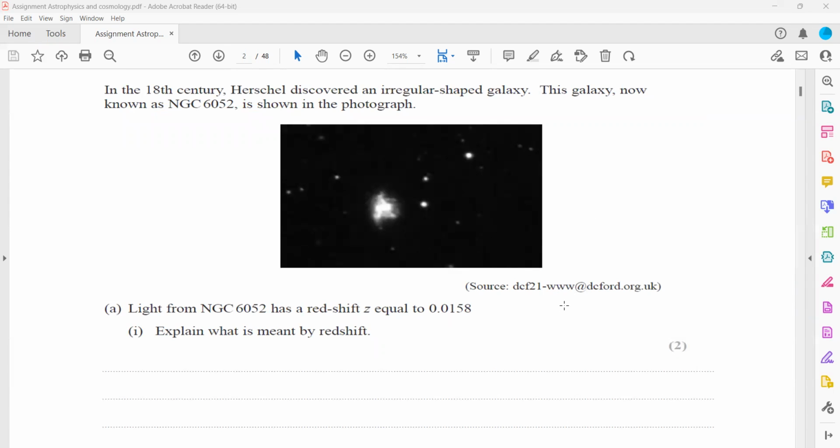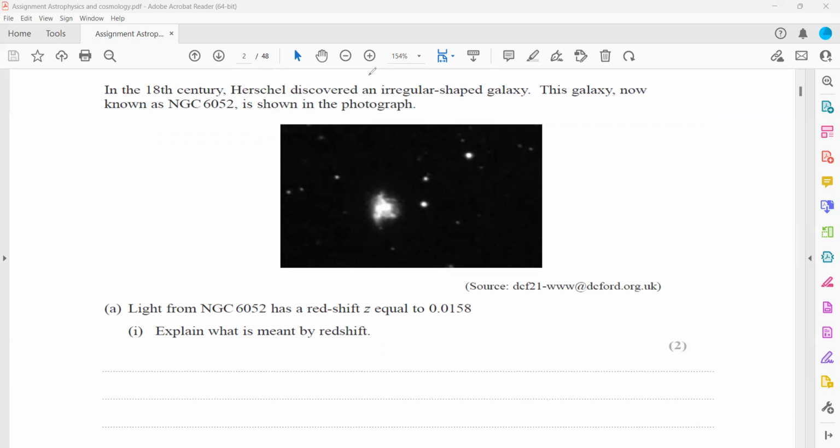0.0158. If a galaxy is showing a redshift, it means the wavelength is increasing, or it is moving away from us. So the first question: what is the meaning of a redshift? Redshift is an increase in the wavelength as the source is moving away from the observer.